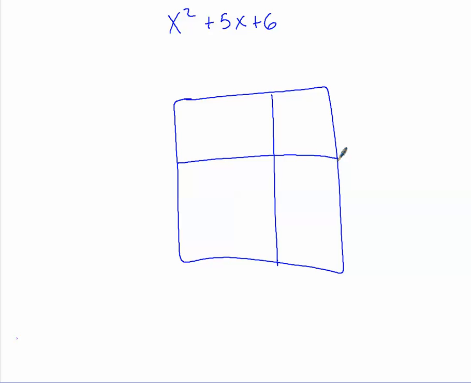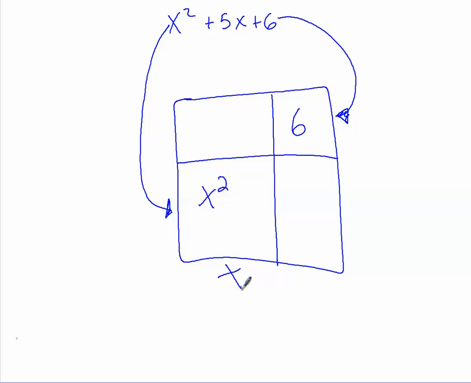Okay, so for this rectangle thing, you bring down this to fit in the box right here. So that's 6. And then you bring down this to go in the box right here because that's x squared. And then to get x squared, you need to do x times x. So those are the side lengths for that. And then you need to find how you can get 2 x's to add up to 5x, and also to get 6.